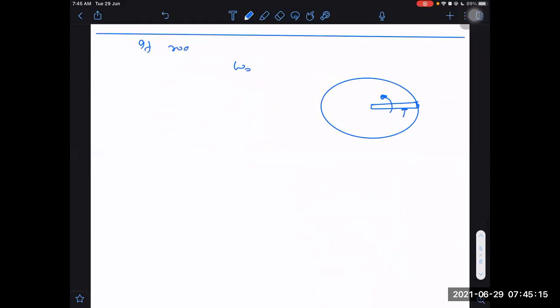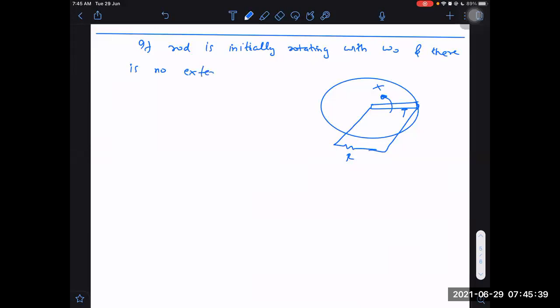If the rod is initially rotating with omega naught, everything remaining same except this new condition, and there is no external torque and friction, other conditions remaining same, find omega as a function of time.